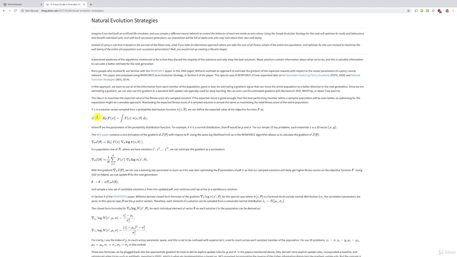And so the parameter update that we're going to do through a gradient step will be exactly the update of the mean mu and the standard deviation sigma. It makes sense that we're obtaining these parameters in that direction of the gradient of the objective function with respect to the weights, because this is what we're trying to maximize.